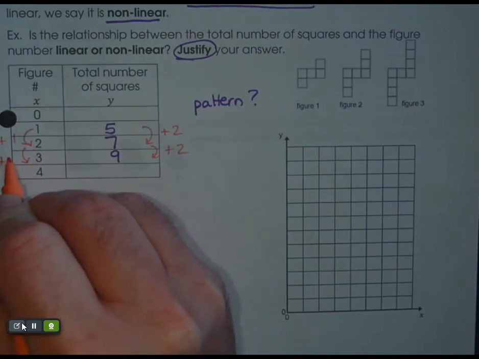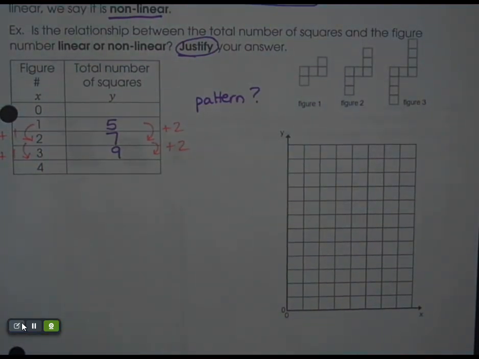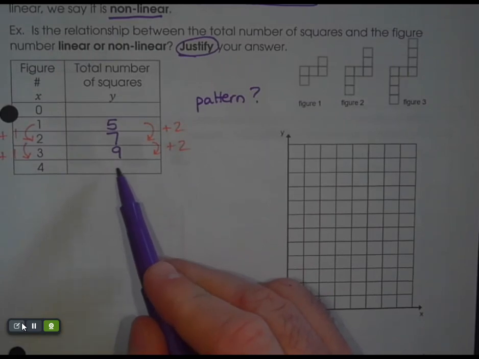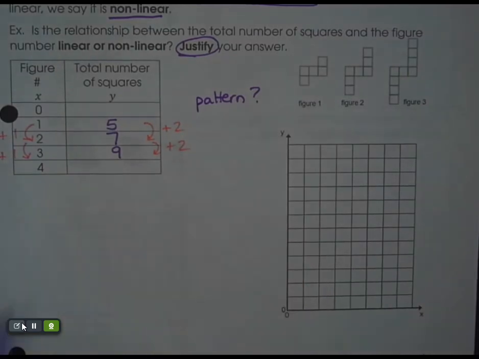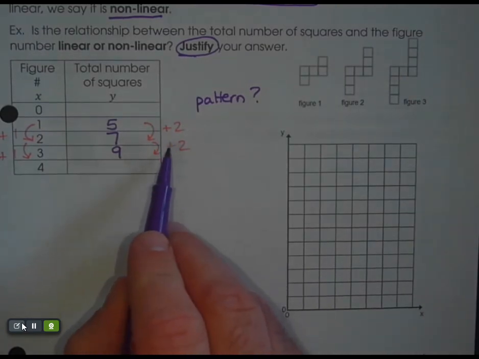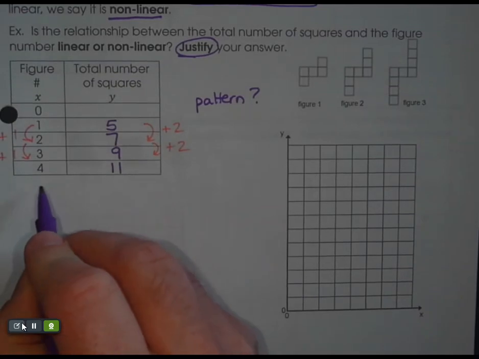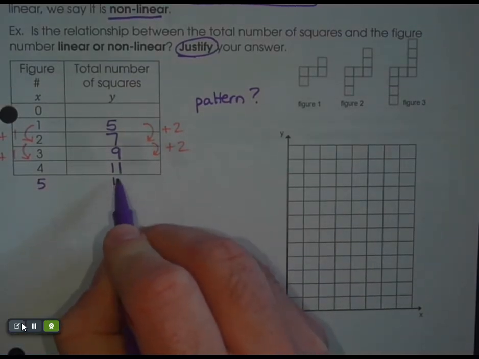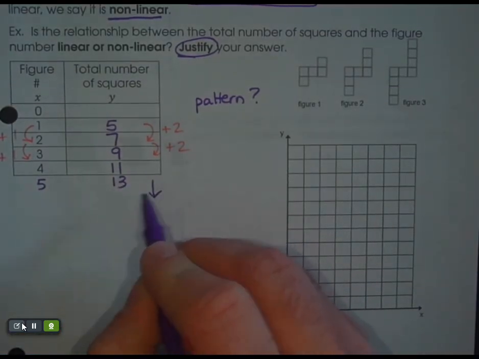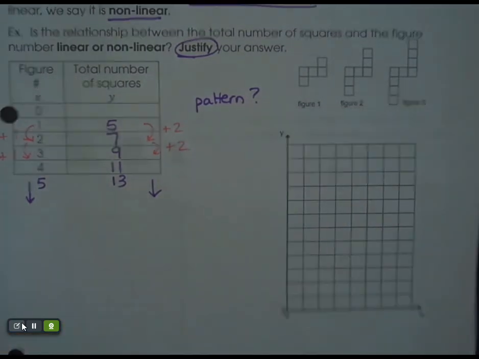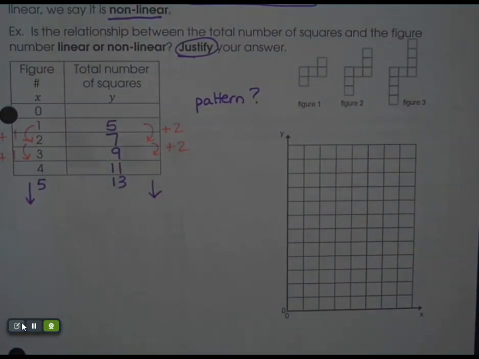And you might have seen this from previous learning. And what we can do is take a guess on what those next terms are going to be. Hopefully you'd say, well, if I add 2 each time, the next one should be 11. And the next one should be 13, and so on, because the pattern is increasing as we go.